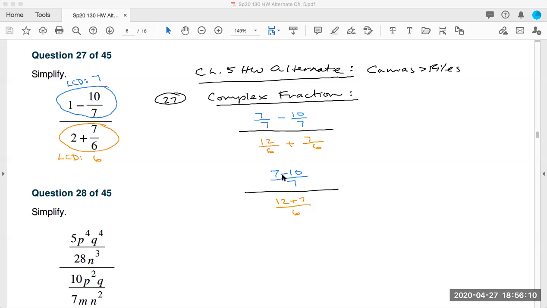So now, go ahead and work on the top. We have negative 3 divided by 7. And in the denominator of the complex fraction, we have 12 plus 7 divided by 6. So that's going to be 19 divided by 6.